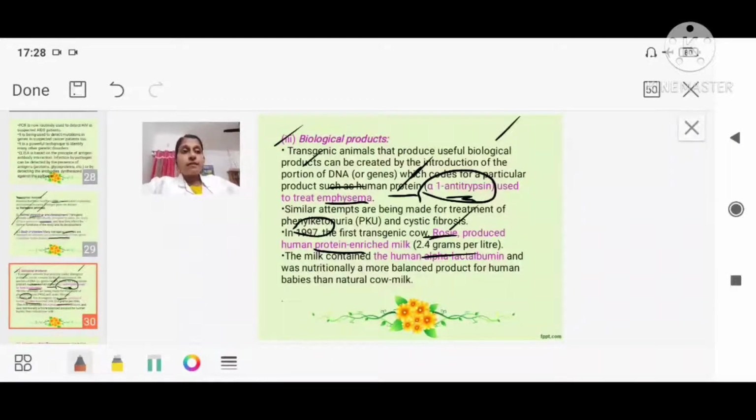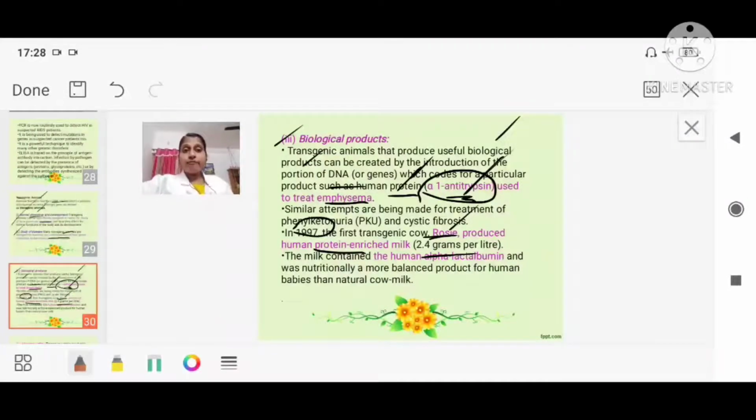And what is the advantage of this alpha 1 antitrypsin is that if this gene is introduced into a microorganism and is being cultured, this biological product, alpha 1 antitrypsin, can be used for treating emphysema. Emphysema, you know, is a respiratory disorder.